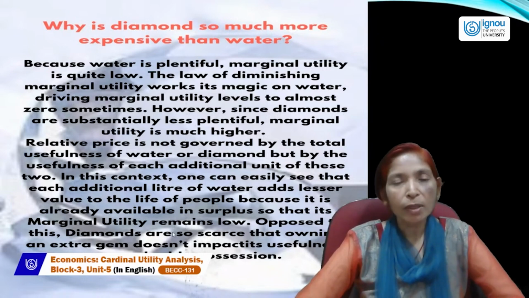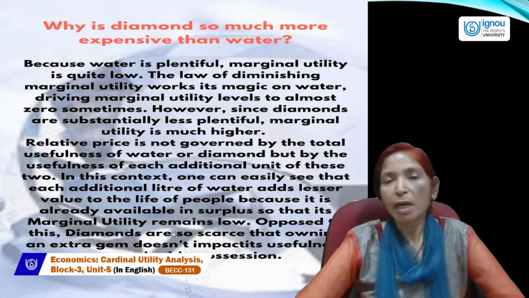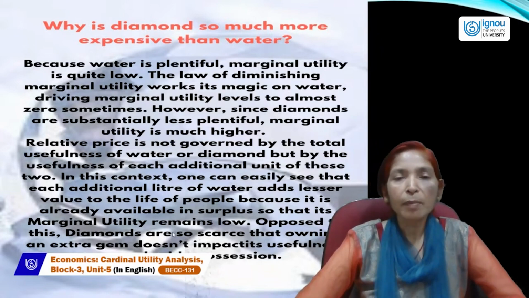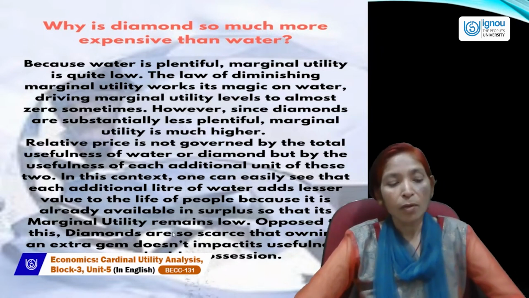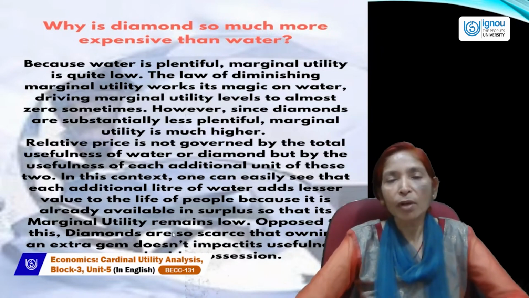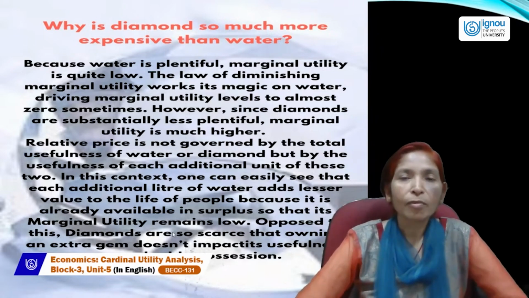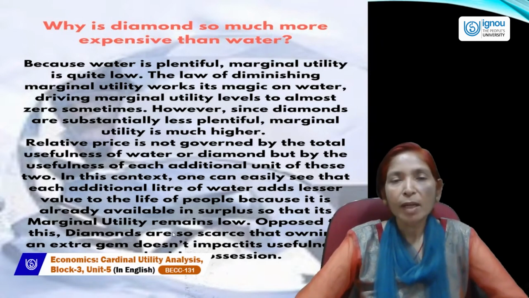But we know that price is always fixed by the marginal utility, and marginal utility is based on the availability of that commodity. We know that water is available, around 70% of the area is covered with water. So water is abundant. That's why the marginal utility of water is low, and that's why its price also remains low.